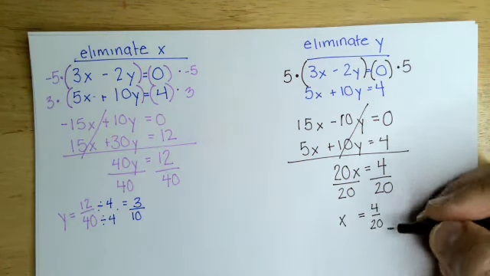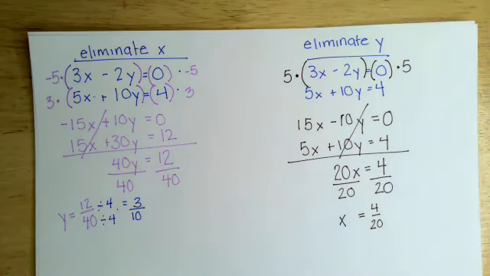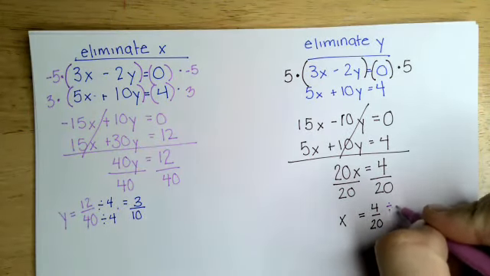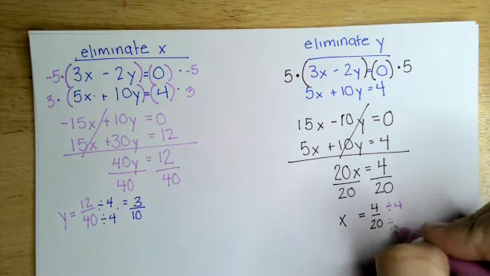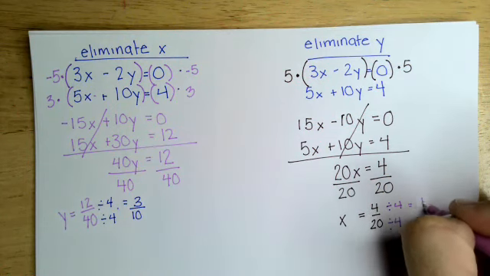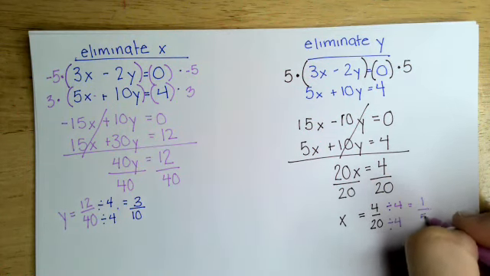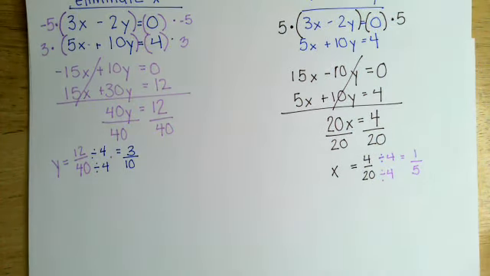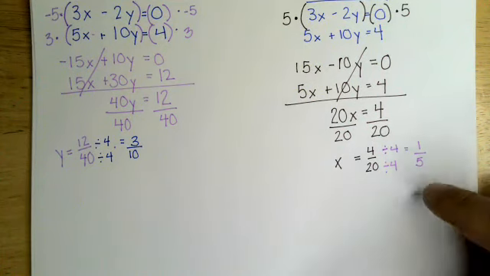So we can divide both 4 and 20 by 4 again. It's funny that they were both divisible by 4. So we're going to divide by 4 on the top, divide by 4 on the bottom. We get 1, and then we get 5 on the bottom. So when y equals 3/10, x equals 1/5.